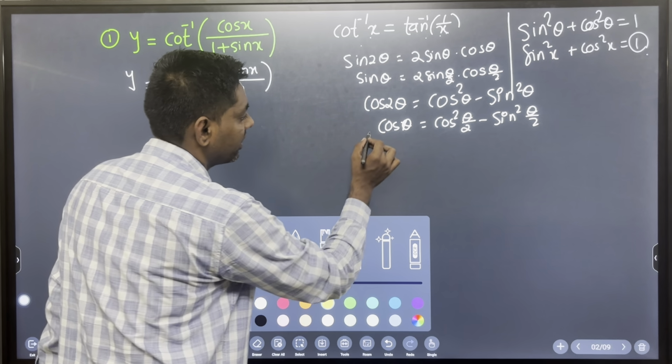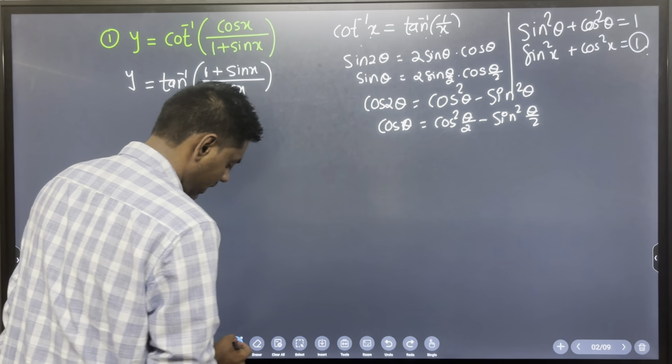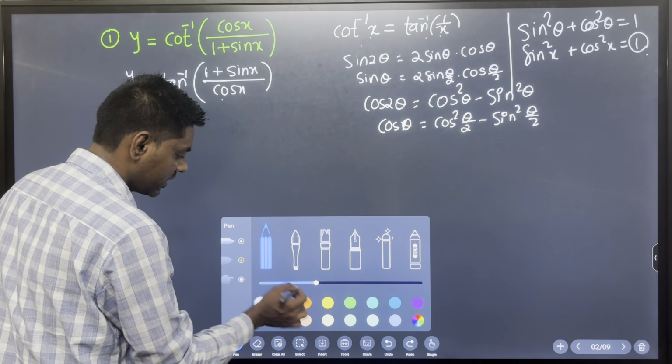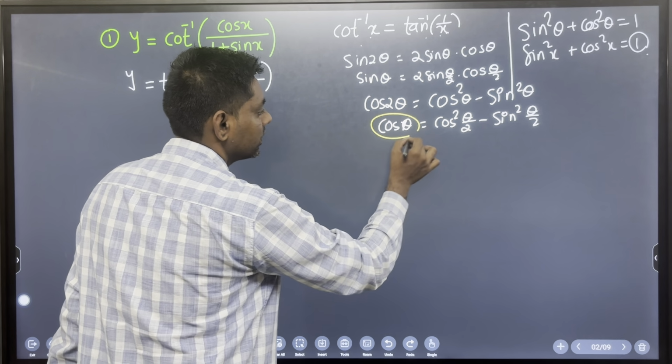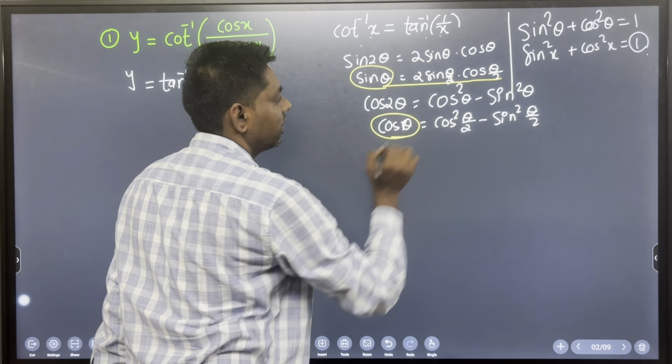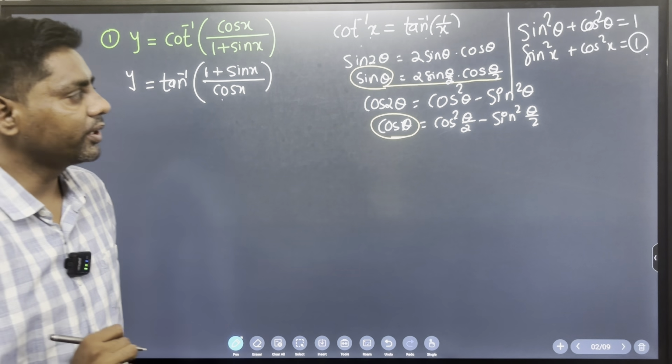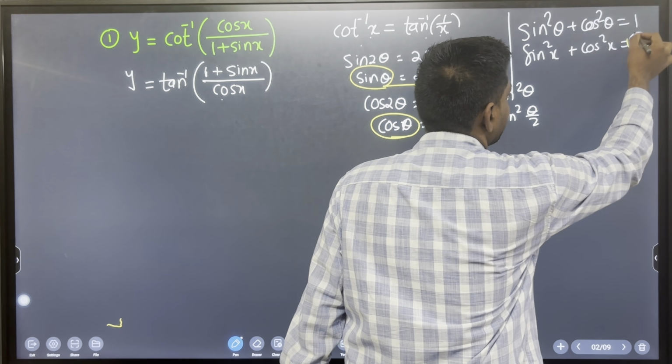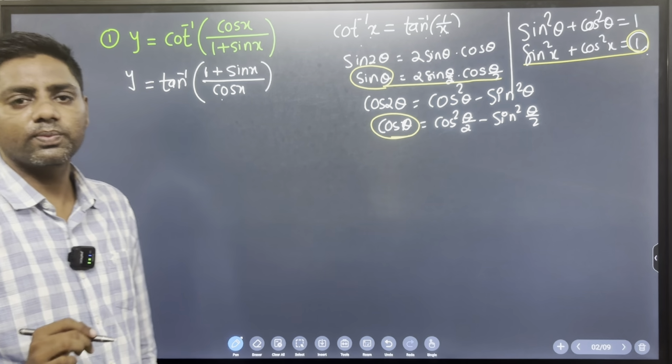At the denominator we use this formula, and at the numerator we use the formula sine theta equals 2 sine theta by 2 cos theta by 2, and also the 1 is present, where we use sine square x plus cos square x.